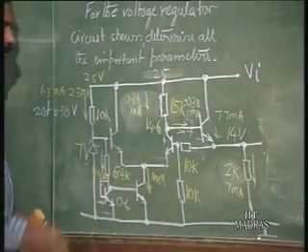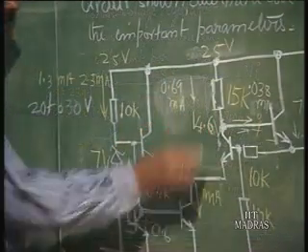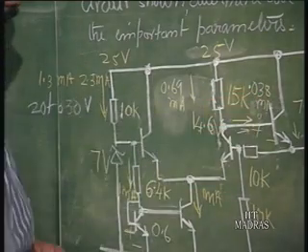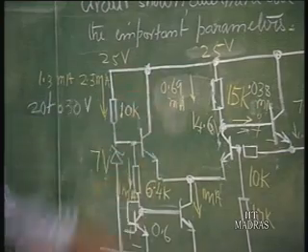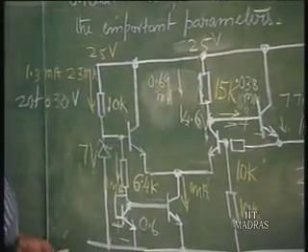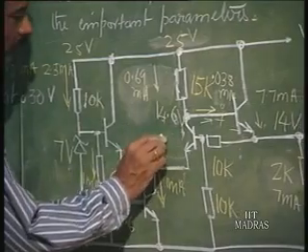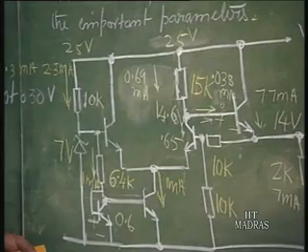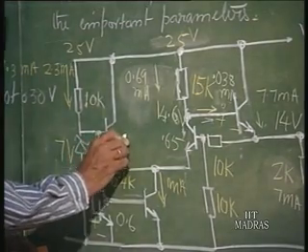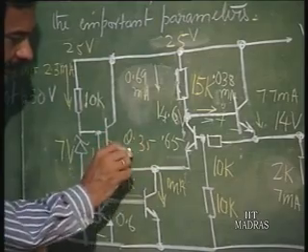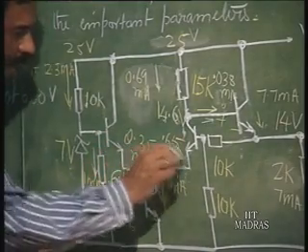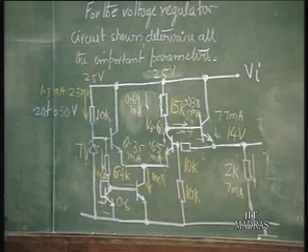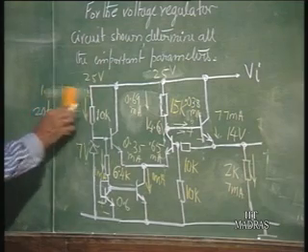Now, for 25 volts here, this is 14.6 volts, the current is 0.69, out of which only 0.04 goes, let us say this is 0.04. So what is remaining here is 0.65. And this will have 0.35 milliamperes. So these will give us an idea about the operating currents of each of these.